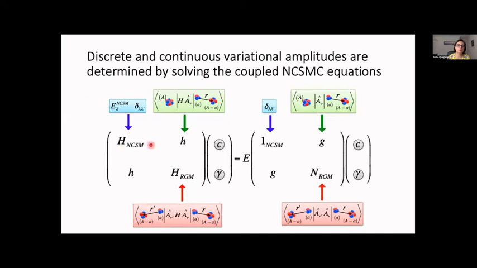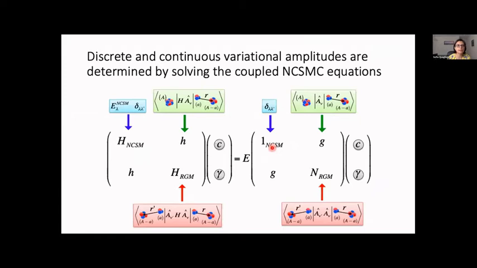But then we have also the no-core shell model component of the kernel for the Hamiltonian. These are just energy eigenvalues, and then we have the coupling coming from the matrix element, in which on one side we have RGM states, on the other side we have no-core shell model states.